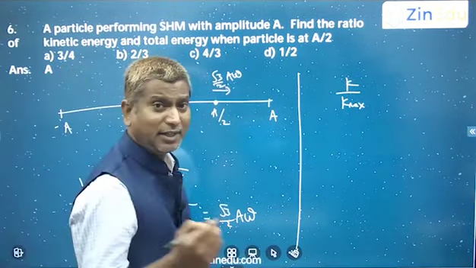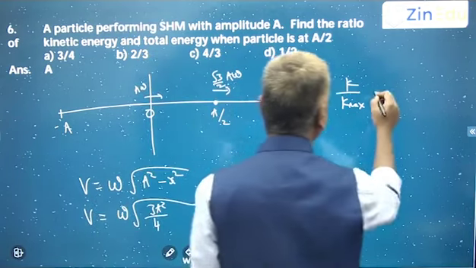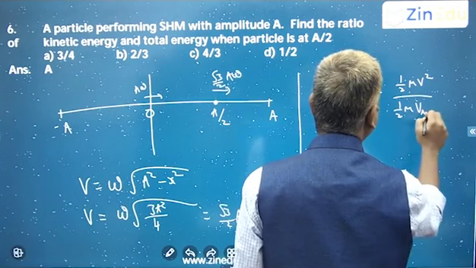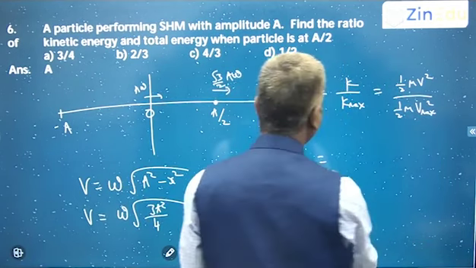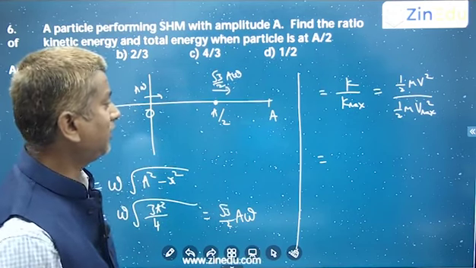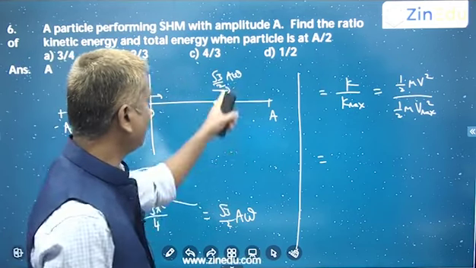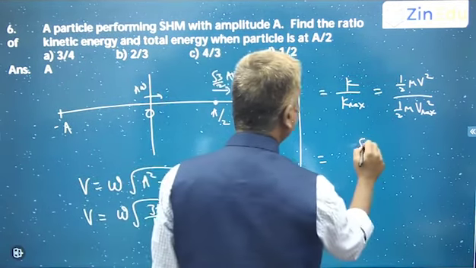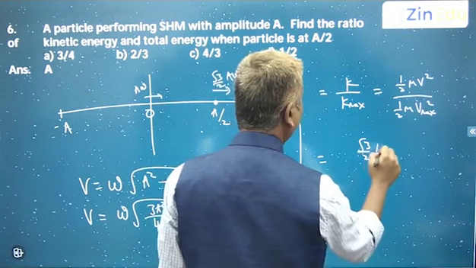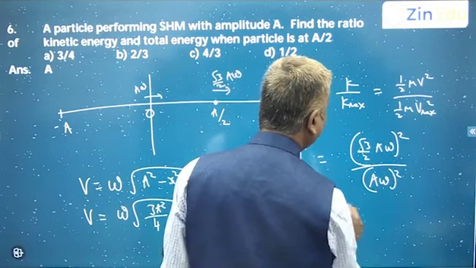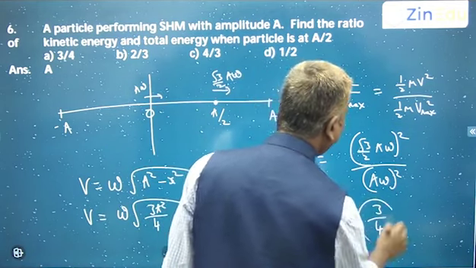So half mv square by half m v max square, right? So v square by v max square. V max is A omega. V is what you have just found out. So your answer is this squared. So root 3 by 2 A omega whole square by A omega whole square. So that is 3 by 4.